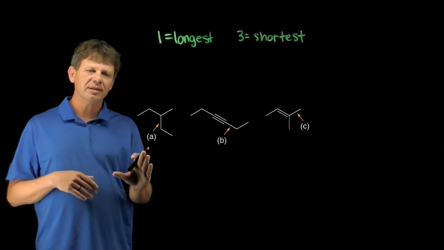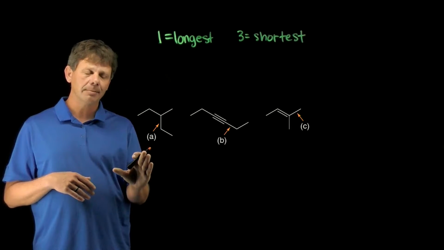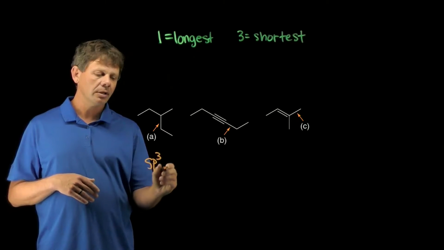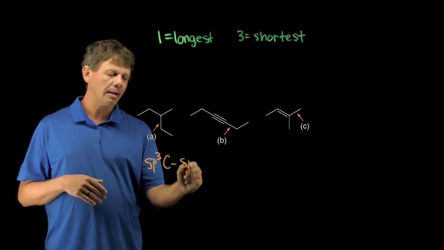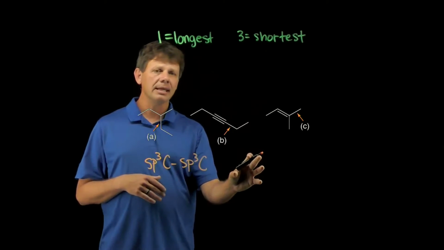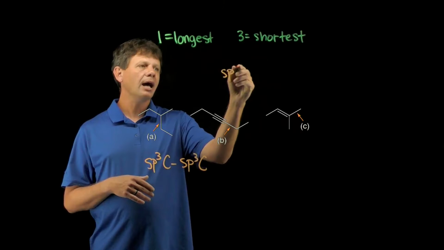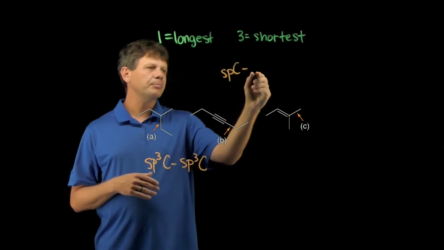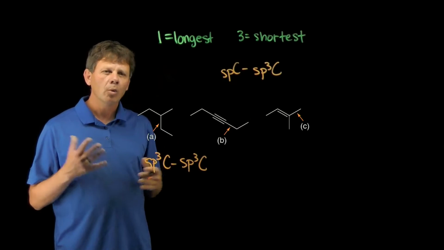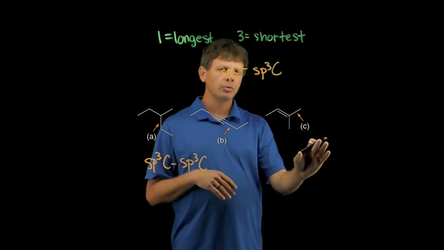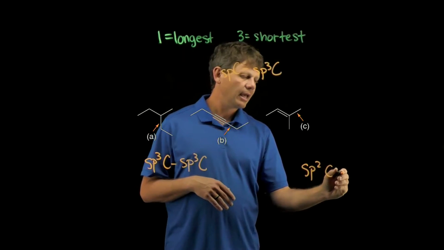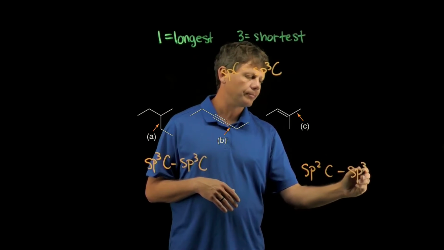And what we notice is that the bond indicated by A is a bond between an sp3 hybridized carbon and an sp3 hybridized carbon. The bond at B is between an sp hybridized carbon and an sp3 hybridized carbon, whereas the one at C is between an sp2 hybridized carbon and an sp3 hybridized carbon.